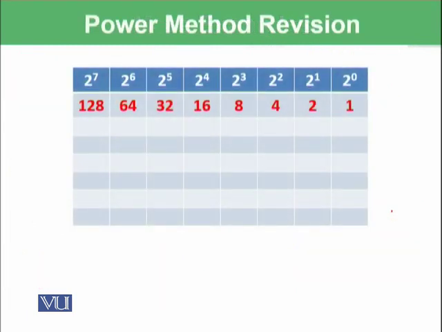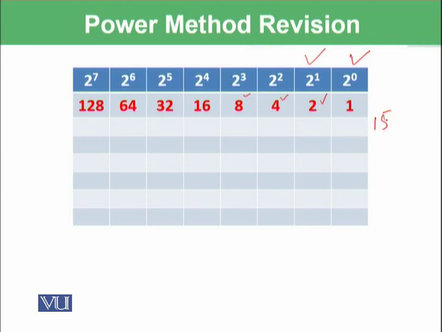There is another method known as the power method, which you have learned somewhere at the start of the course. We are going to revise this power method as well with a number of examples. For example, you want to display 15. The easiest method, instead of dividing each and every number starting from 15, is to see that this is representing 2 raised to power 0, which is 1, 2 raised to power 1, which is 2, 2 raised to power 2, which is 4, 8, 16, 32, and so on.